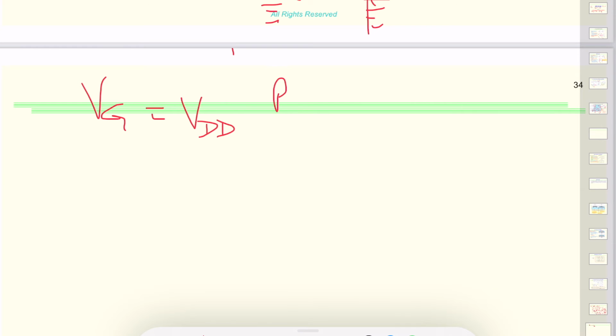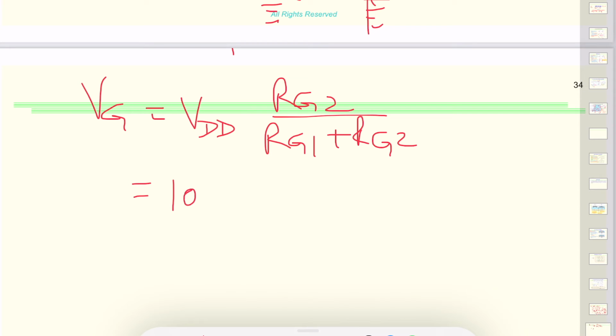We'll find it with the voltage divider. This is RG2 over RG1 plus RG2. VDD is given as 10 and the two resistances are given as 10 as well. So we find the gate voltage to be plus 5 volt.